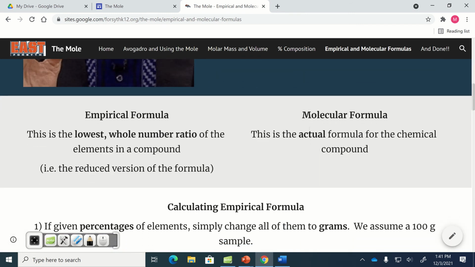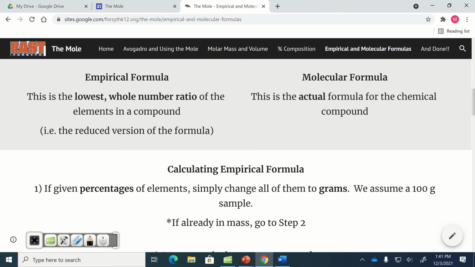So what we have is what's called the empirical formula and the molecular formula. The empirical formula is the lowest whole number ratio of the elements in the compound. In other words, what would the compound be if I reduced all the elements down to their lowest ratio? Again, covalent compounds can share the same empirical formula, but they're not the same compound. They all have different molecular formulas, over on the right-hand side there.